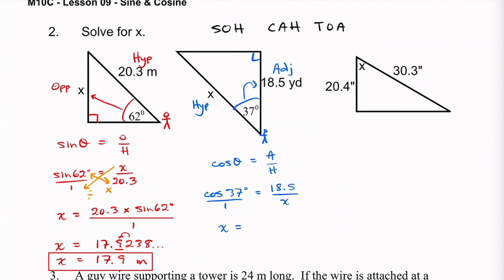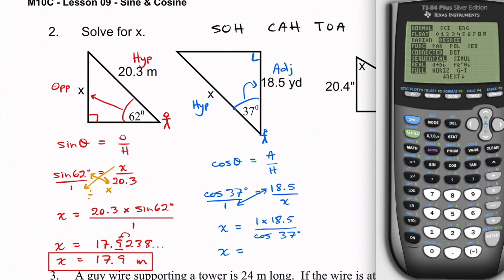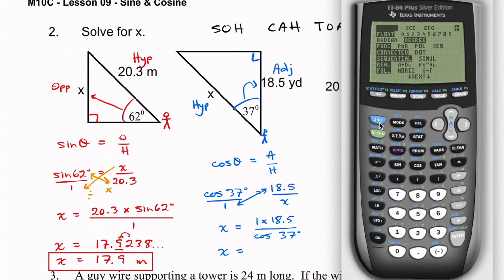So x is equal to, we're going to multiply these two. So 1 times 18.5 divided by cos of 37. Okay, and then we'll put that into our calculator. So get our calculator back out. And we'll type this in.